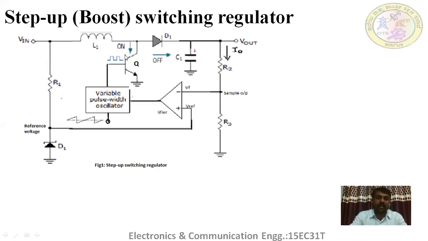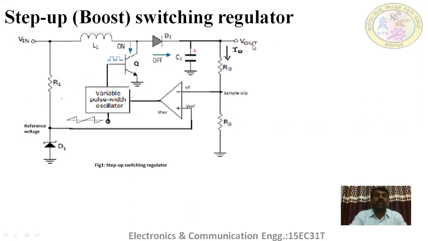Once the switch is off, it stops charging, and the amount of voltage at the source side is the sum of input voltage and the voltage across the inductor. So now the total voltage here is the sum of V in plus the voltage across the inductor. This is the amount of excess voltage available. Therefore, this excess voltage is available at the output side.